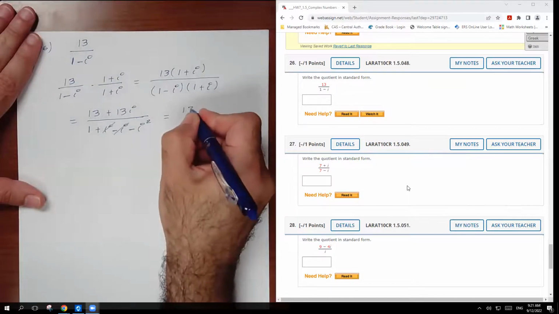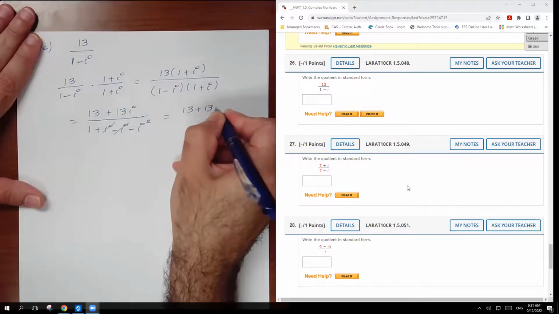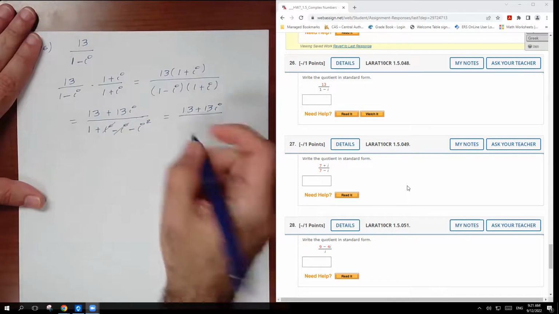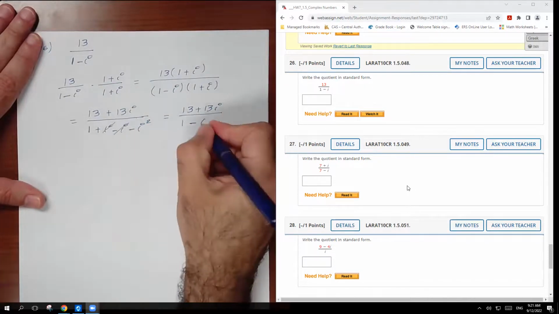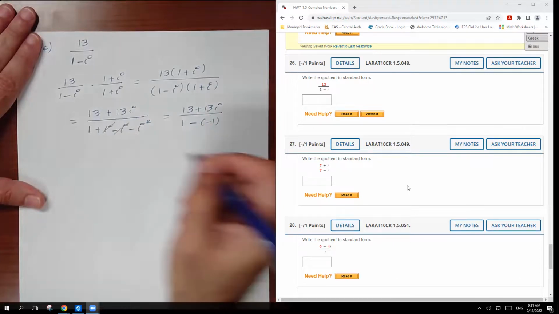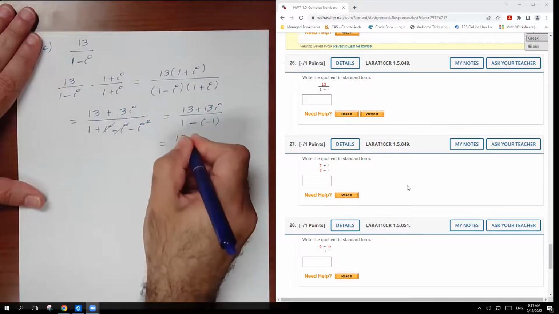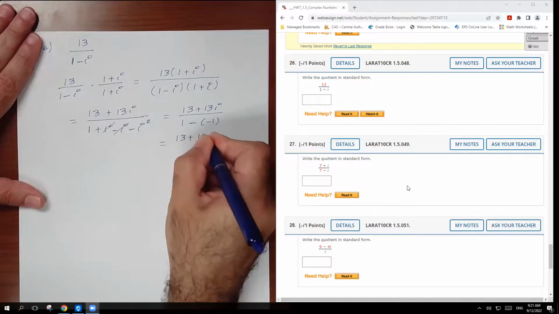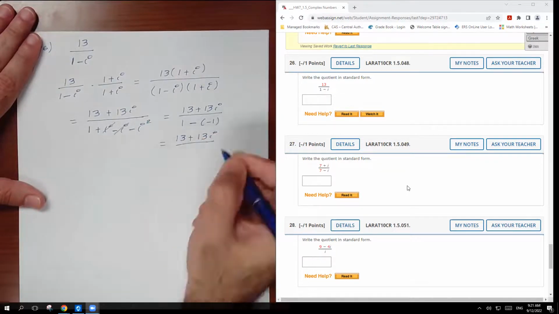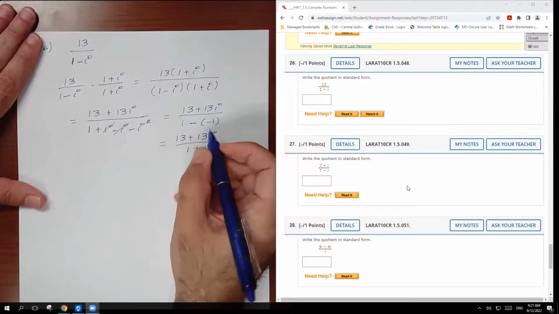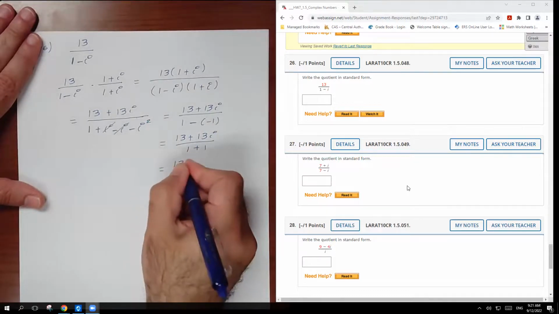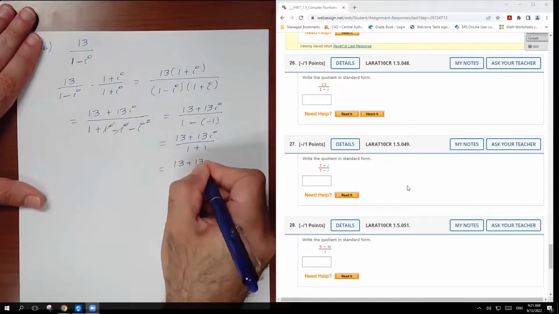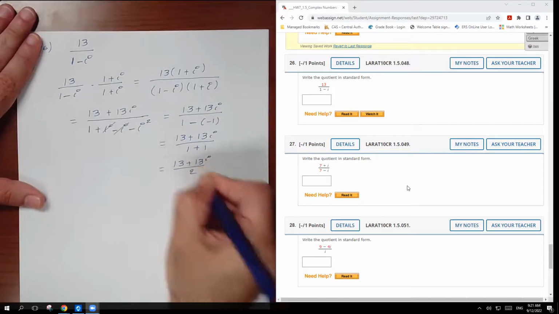So it's going to be 13 plus 13i divided by 1 minus i squared, which is negative 1. That means here it is going to be 13 plus 13i over 1 plus 1, because negative times negative is positive. So it's going to be 13 plus 13i over 2.